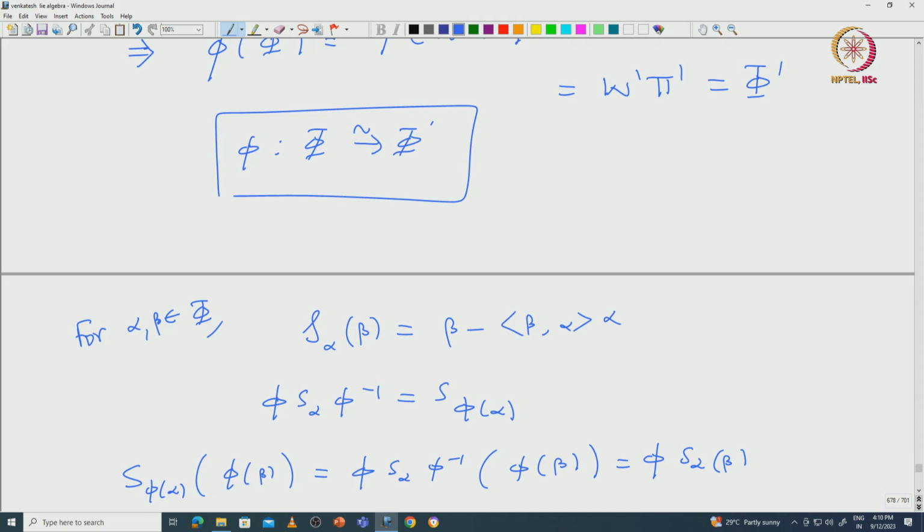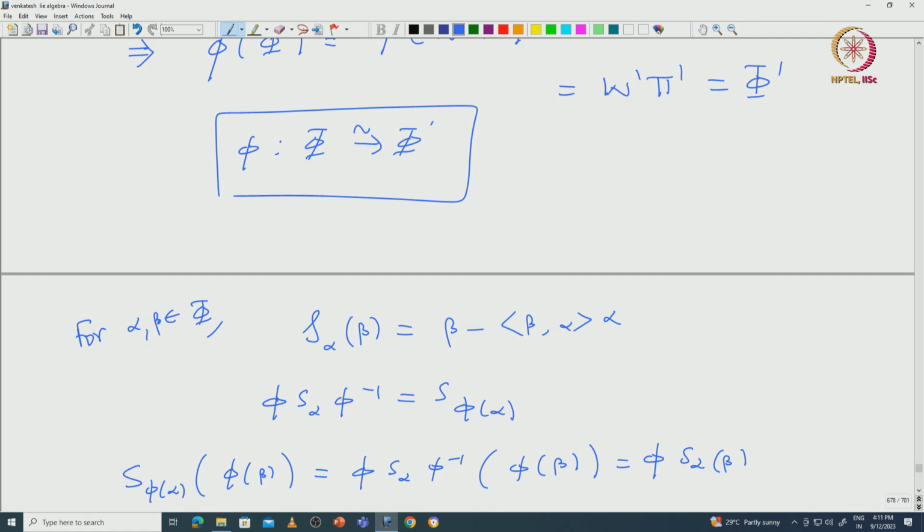So this means if C of Π is the same as C of Π' up to an order, then up to a reorder the corresponding root systems must be isomorphic to each other. So in some sense, up to a reorder, the Cartan matrix uniquely determines the root system.